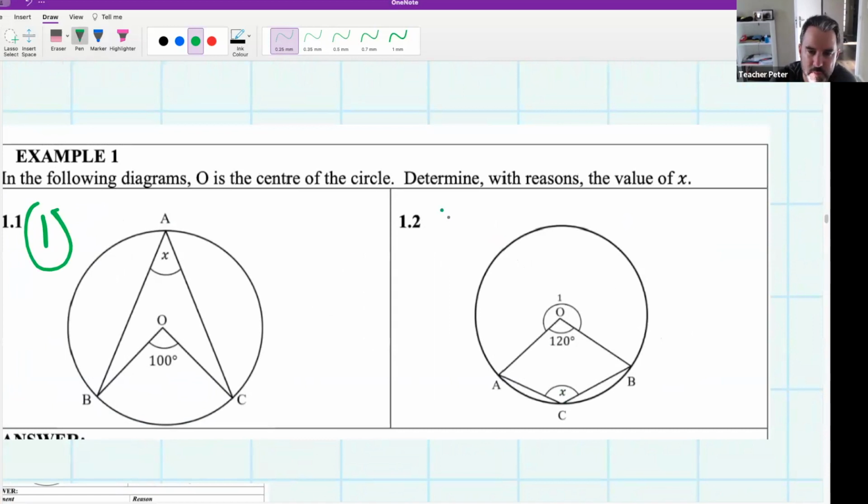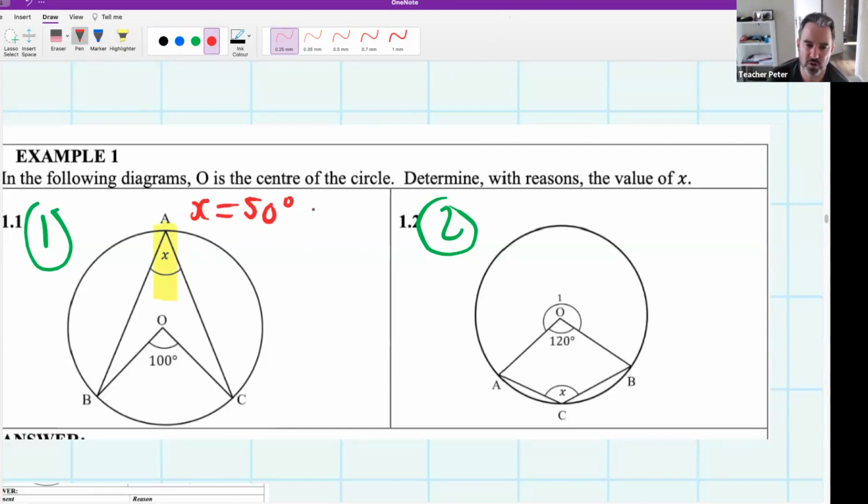We'll call this number 2. So that is going to be X is 50 degrees.